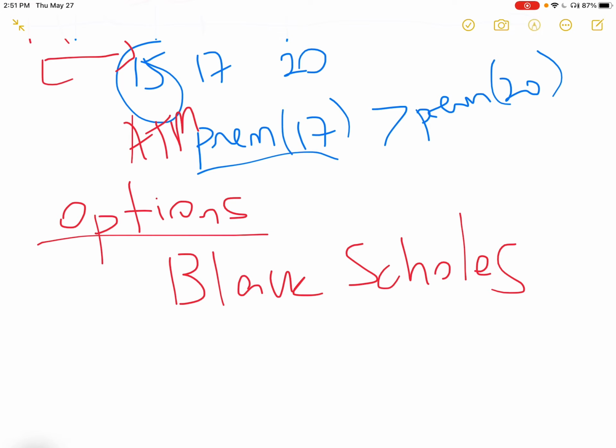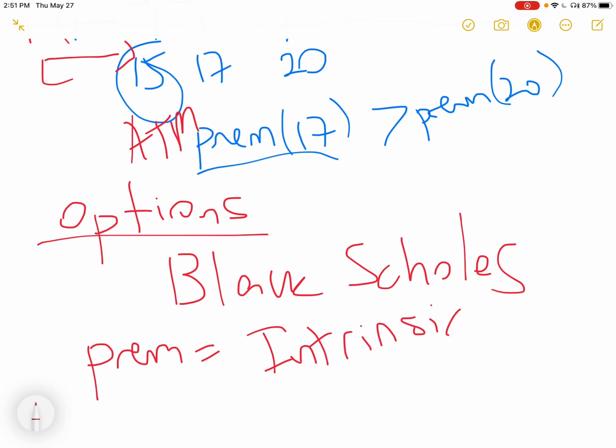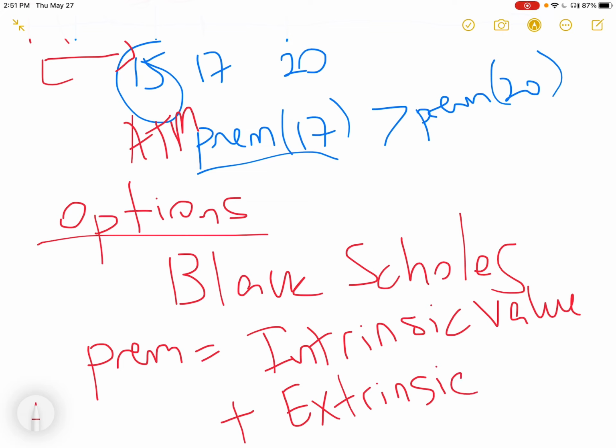But one thing we want to know is the premium has intrinsic value plus extrinsic value. This is how your premium gets calculated: intrinsic value and extrinsic value.